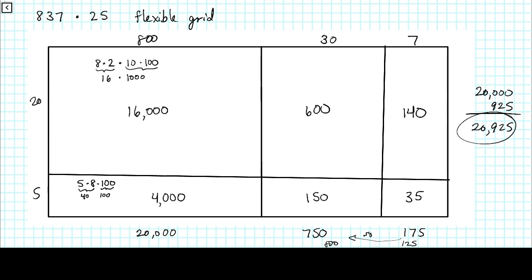837 times 25. I'm going to go 7 times 5 is 35. 30 times 5 is 150. And we have 800 times 5 is 4,000.